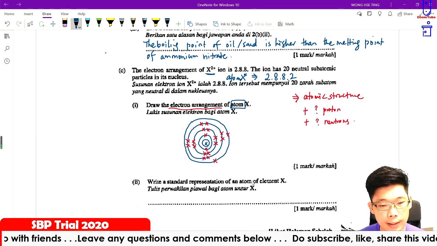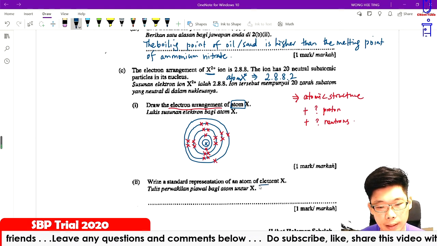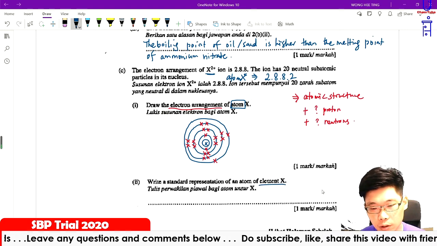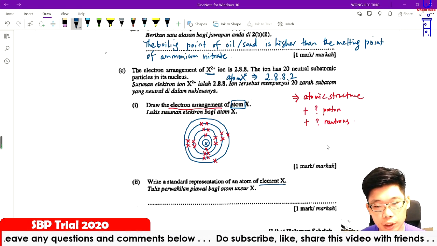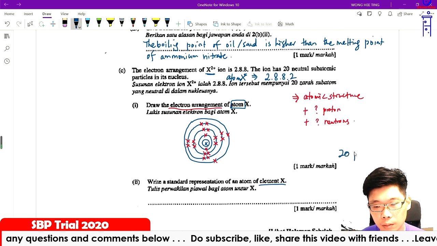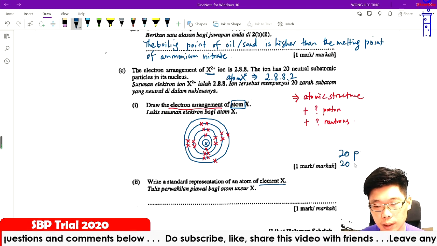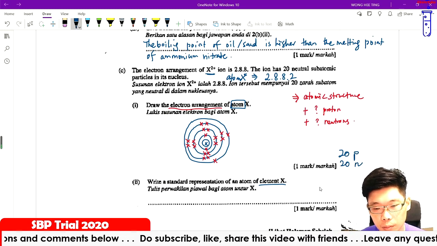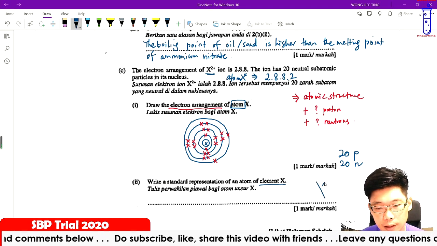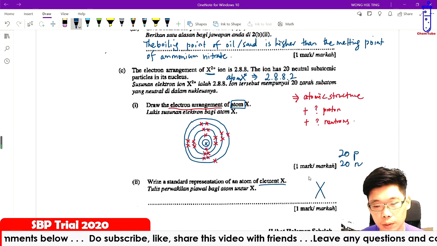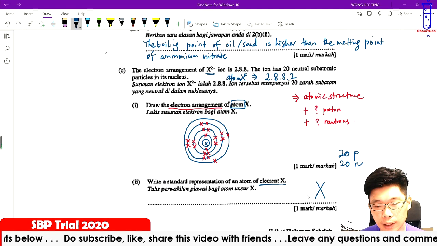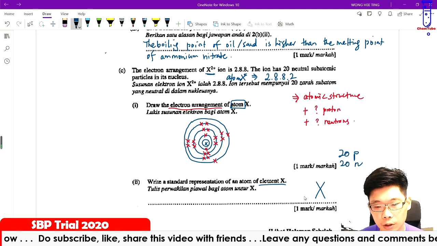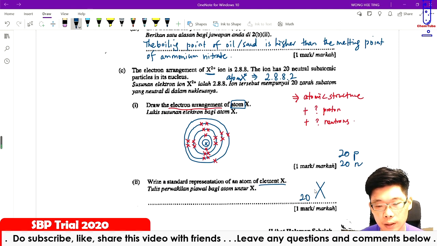Okay, write the standard representation for the element X. Just now I mentioned already, 20 protons and 20 neutrons. So normally it is A over Z, right? Z is the proton number, so proton is 20.